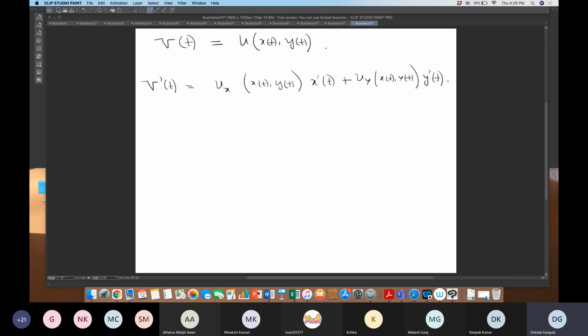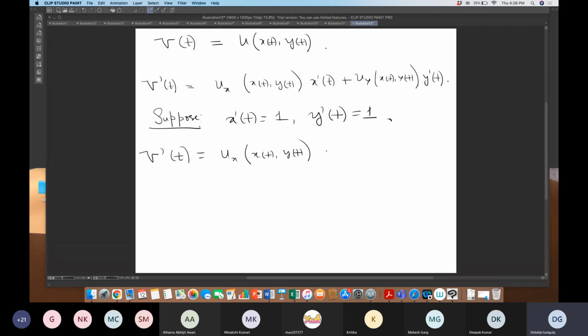Now suppose, same trick, x prime t equal to 1, and what is y prime t? Suppose y prime t equal to 1. Then v prime t is nothing but u_x at the point (x(t), y(t)) plus u_y at the point (x(t), y(t)).